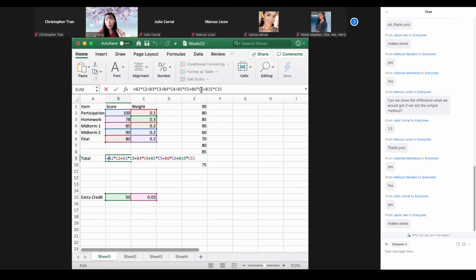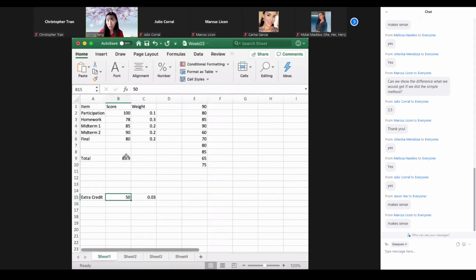But even if you only get 50 out of 100, look at the calculation. It's purely addition. Whatever you get is added to your total. So we're not adding any negative number, we're adding a positive number. No matter how small, a positive number is added to your total. So even if you only get a 50, you are still raised by like 2 points. You went from 84 now to 86.